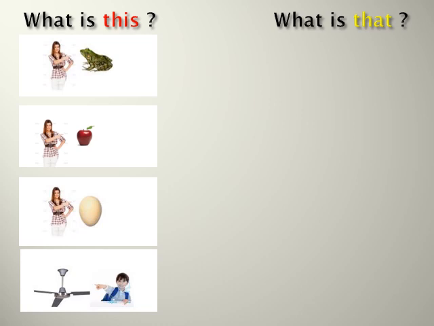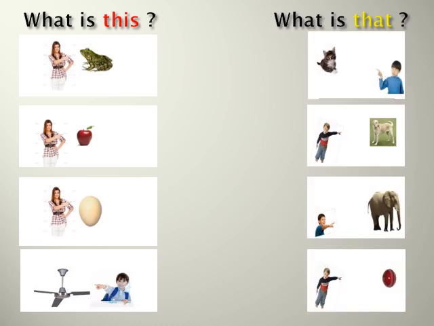They show only one thing, one object. Same thing happens with the pictures on the right. The boy shows one object, one thing, using his hand. But there's a difference between the two sets of pictures. Can you find it?